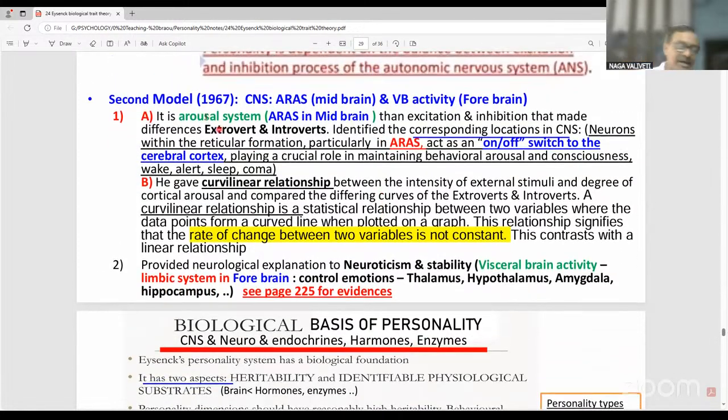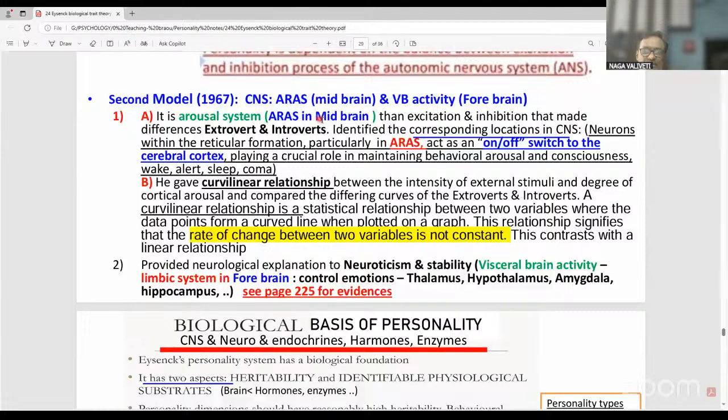Later he gave a second model, saying there are two systems. One is the arousal system, and the second is the visceral brain activity system. The arousal system is the ascending reticular activating system, which I explained is in the midbrain.